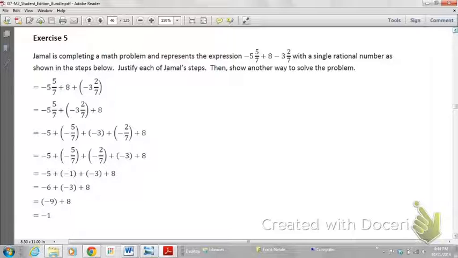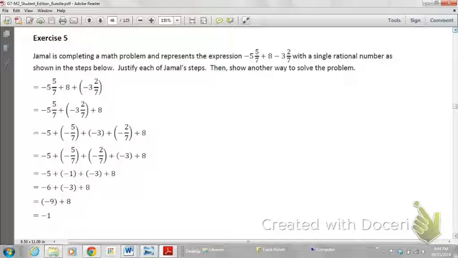Exercise 5: Jamal is completing a math problem and represents the expression negative 5 5/7 plus 8 minus 3 2/7 with a single rational number as shown in the steps below. Justify each of Jamal's steps. Then show another way to solve the problem. When I say justify, I just want you to say what he did and why he did it.